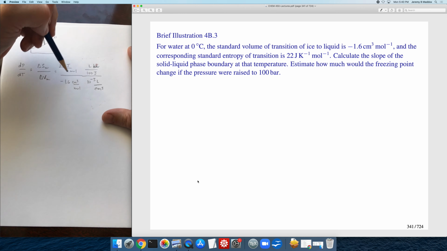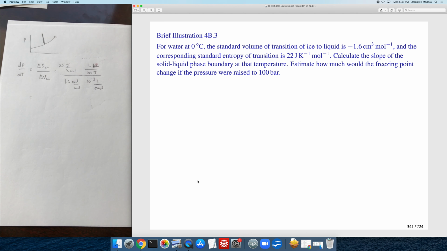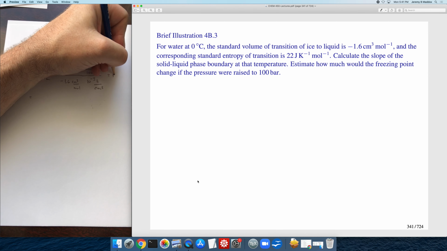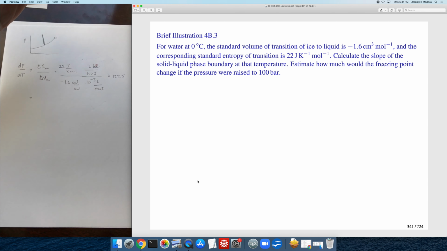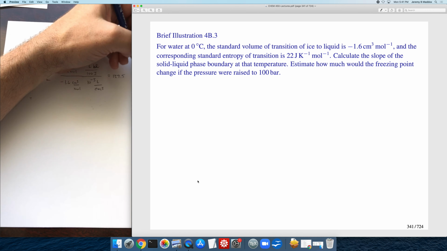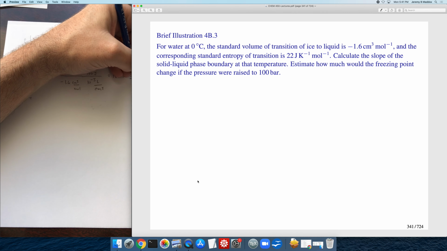I made an error in this calculation. I multiplied when I should have divided or something like that. But anyway, we'll get it correct this time. And so I'm getting minus 137.5, and that's going to have units of bars per Kelvin.